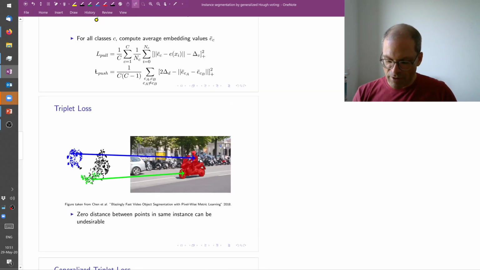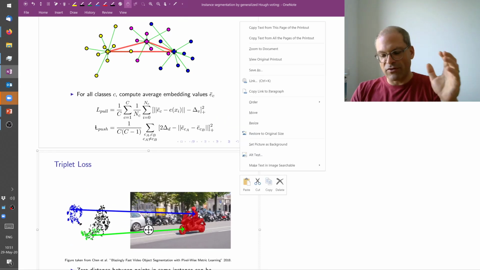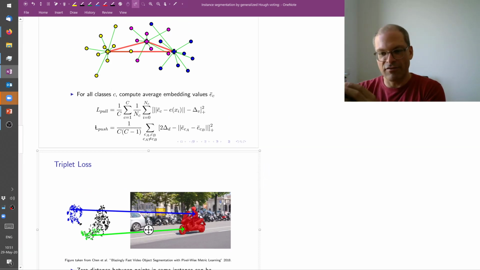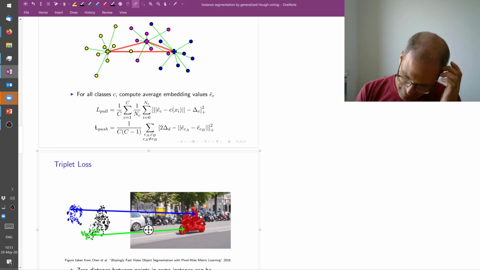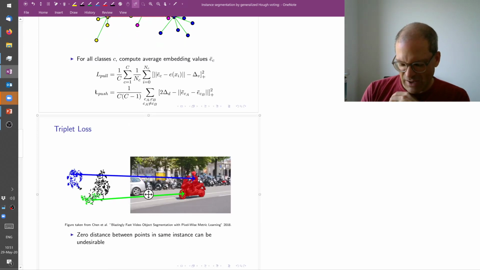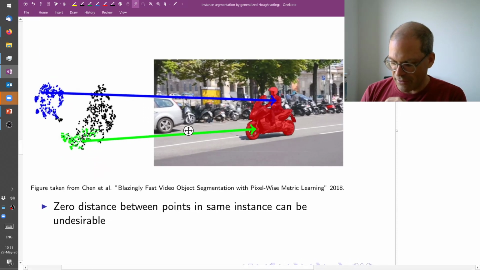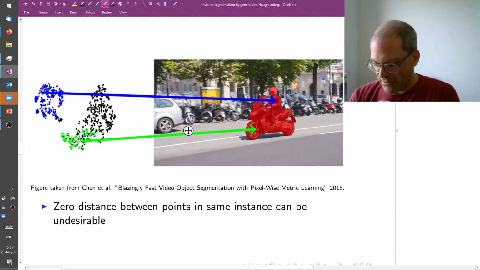Then I want to talk about the triplet loss. So the model that we've seen here, the pull loss always tries to make a single class very compact in this latent space. But sometimes that is too much to ask. So here, for example, in the ground truth, the red thing is considered one instance.